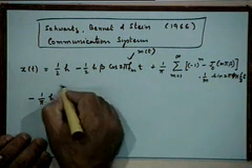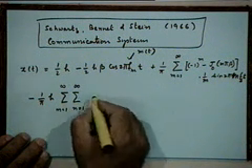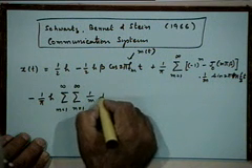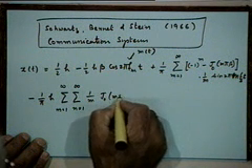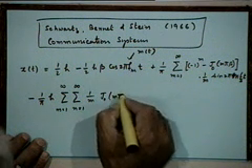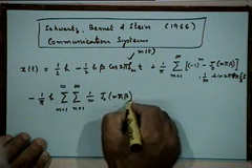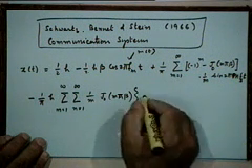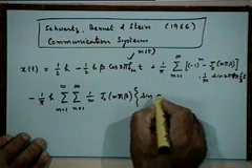There is a double summation now. M pi beta once again. I hope you can read it.